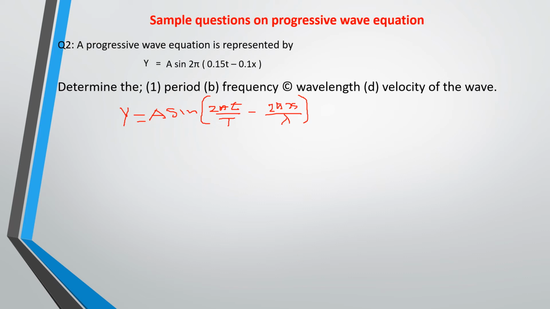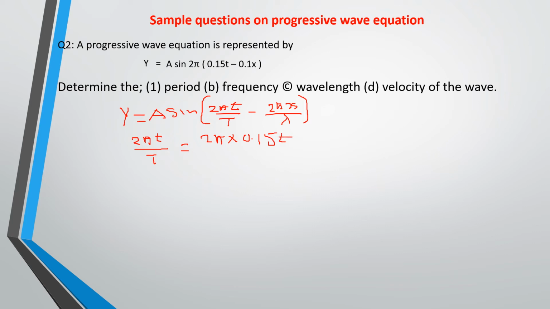So right away, comparing these two equations, for you to find the period of the wave, when you do that comparison, you will have 2 pi t all over the period is equal to 2 pi times 0.15 t.